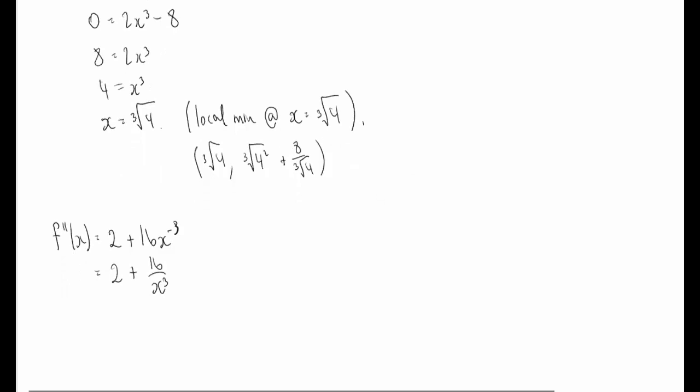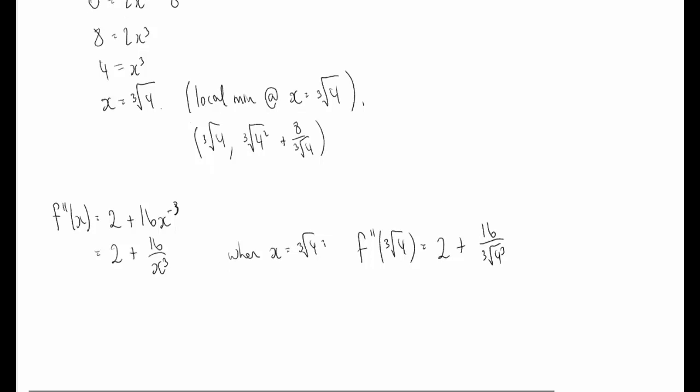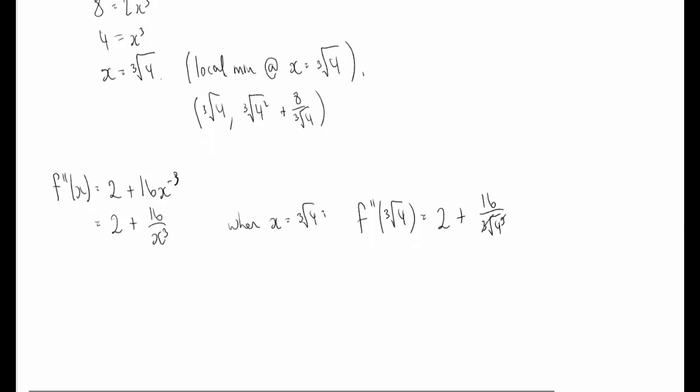Just to confirm that it is a minimum turning point that we found, when x equals the cube root of 4, f double dash of the cube root of 4 equals 2 plus 16 over the cube root of 4 cubed. Cube root and cube cancel out, so that just leaves us with 2 plus 16 on 4, which is 4.